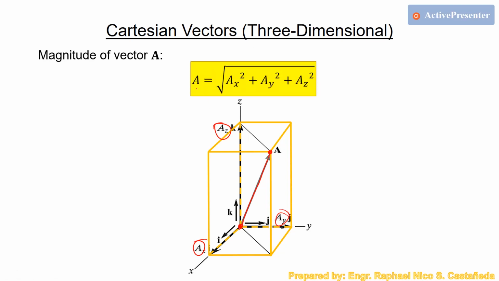The magnitude of A is equal to the square root of the sum of the squares of the three sides of the shoebox. Let's say this is the shoebox. It is easy to remember because it's somehow the same as the Pythagorean theorem, and you just add the third component, Az.